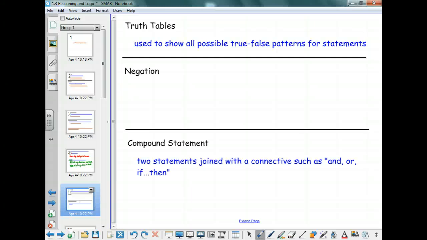The first one is for a negation. So a truth table takes a statement, P, and it does, in this case, another statement, which is the negation, tilde P. There are only two things for a statement that are possible. The statement is either true or it is false.